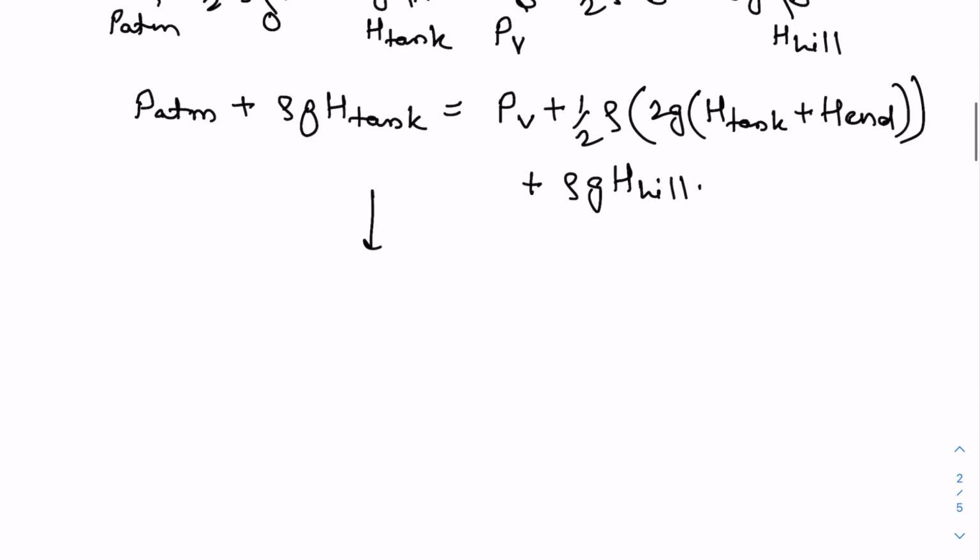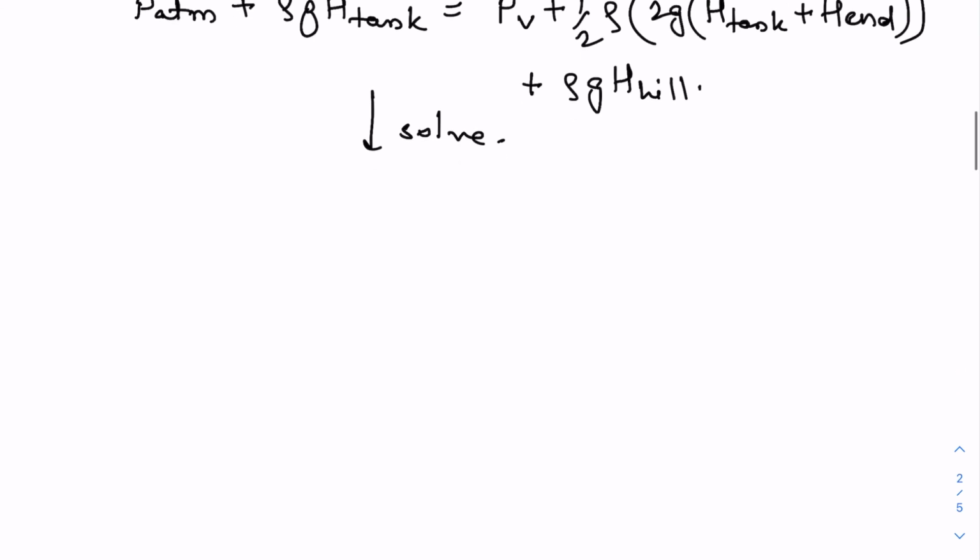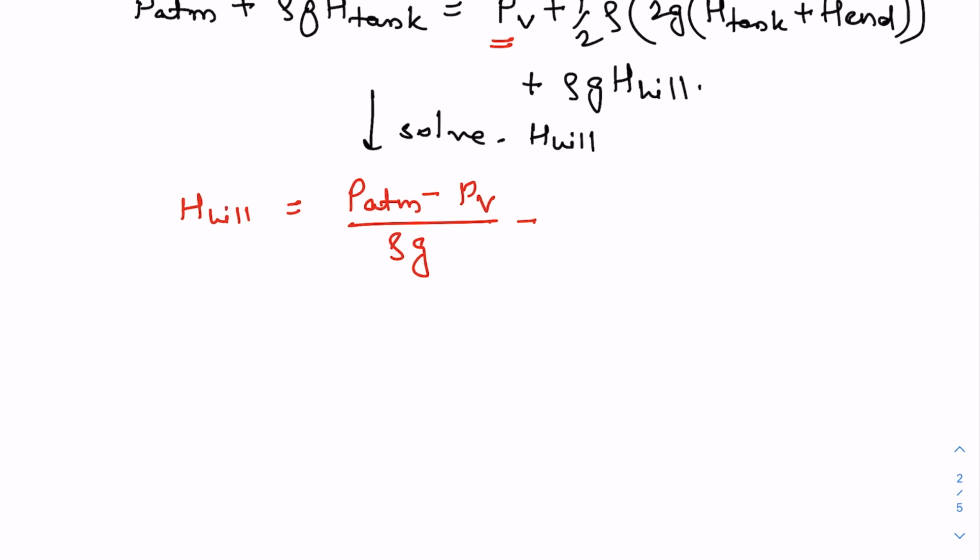So again, if we solve for H hill, we'll find out that H hill such that the pressure at B is vapor pressure and cavitation occurs is PATM minus PV divided by rho G, minus H tank.